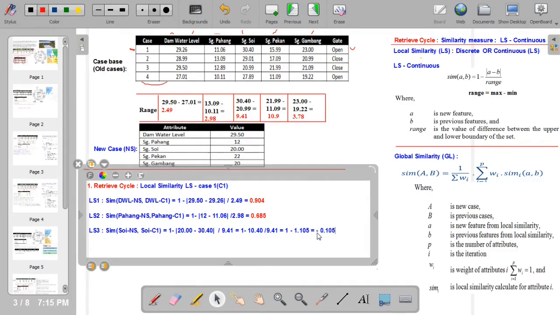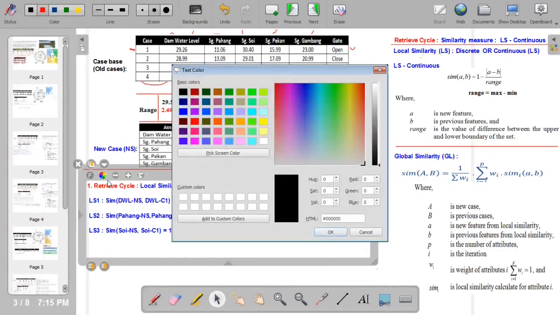That's why we got a minus value here. But even though 20 minus 13.14 gives a minus value, we do have an absolute value. That's why we got 10.14 instead of minus 10.14. So I'm going to highlight this one as red again.